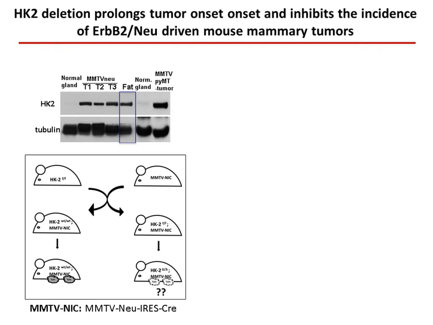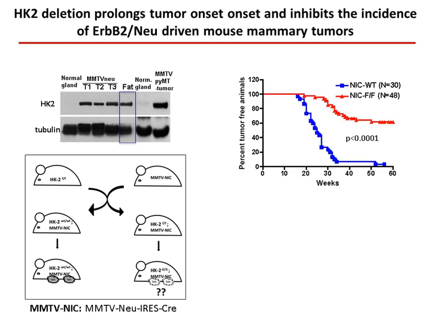RB2-new is expressed in the mammary gland together with Cre recombinase. We cross this mice with Hexokinase 2 flox mice, and we ask what happened in the absence of Hexokinase 2. As you can see here, the deletion of Hexokinase 2 markedly attenuated the tumor formation and extended the tumor-free survival.